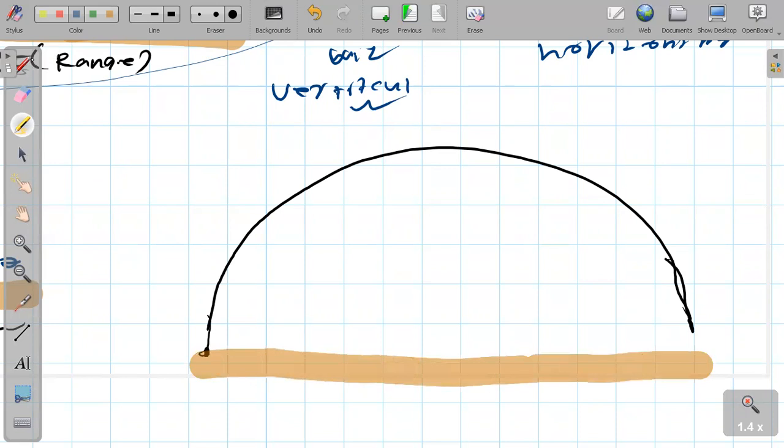How? See. It may reach to here. You started at this point. There are millions of points that I can mark.